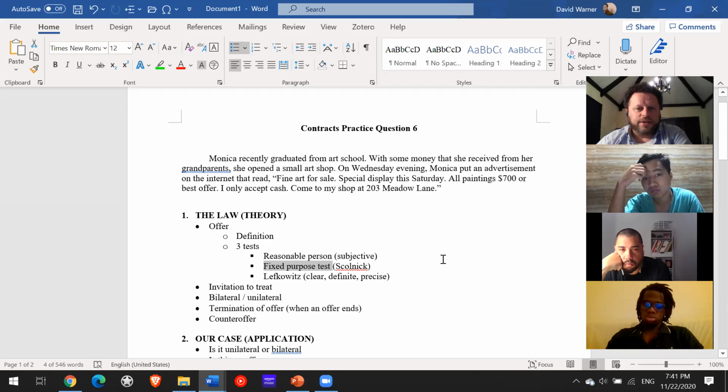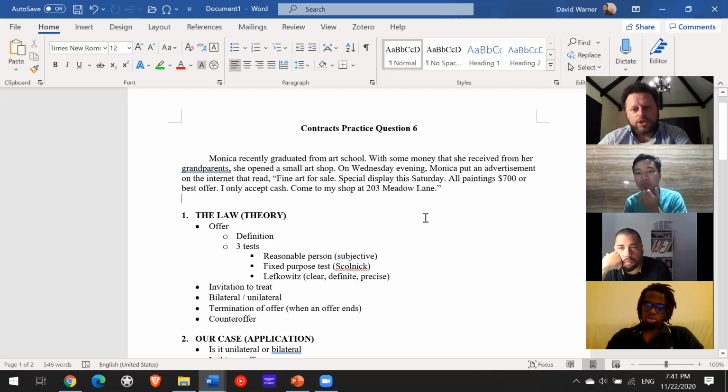I agree, it looks like if you bring $700 cash to this address on Saturday, that's it. She didn't say anything else about us then negotiating. It kind of sounds like if you do this, you can buy the painting. There's no next step. And that's the idea of the fixed purpose test. Is there a next step?